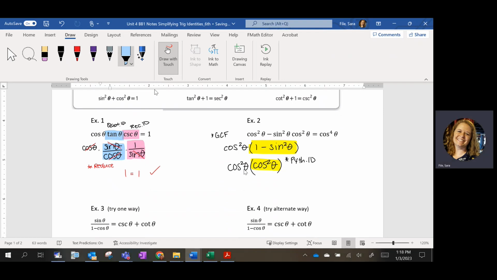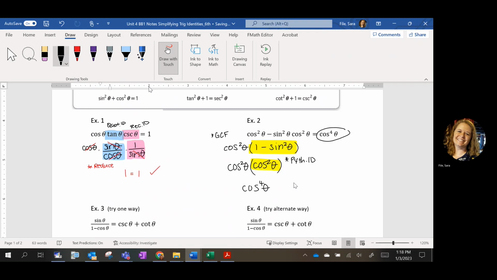All right, now what? Cosine squared times cosine squared? Yeah, I just simplify this. I multiply that. It's like x squared times x squared would be x to the 4th. So cosine squared times cosine squared is cosine to the 4th, which is what I was trying to prove over here, isn't it?